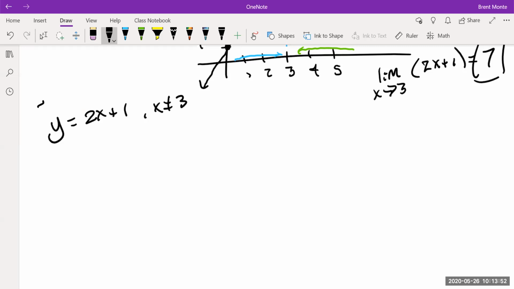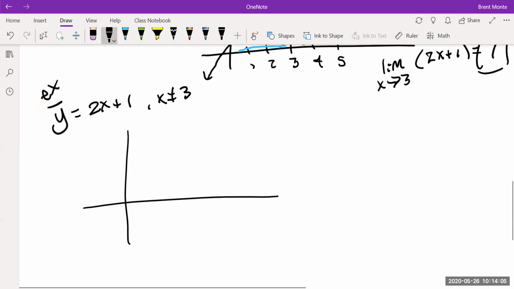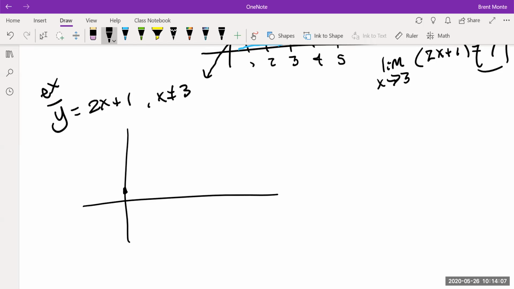So I've got that function, y equals 2x plus 1, but x isn't defined at 3. So if I draw this curve, it's still the same line as I had before. I still go through 0, 1. But at that point (3, 7), that point doesn't exist. It's an open circle, it's just a hole. So the graph exists on both sides, but it doesn't exist at that point.